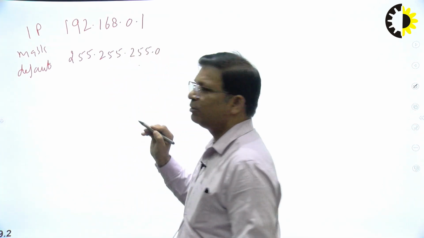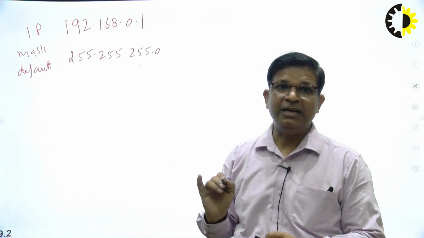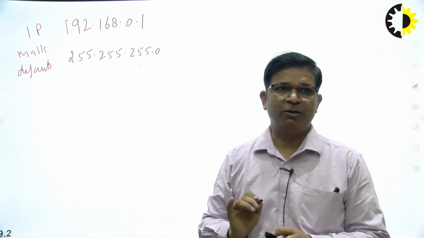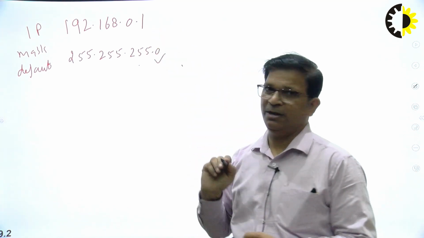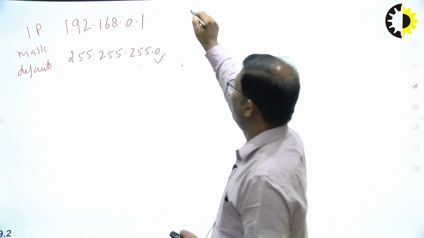So this belongs to class C IP address, because this is the default mask we have used along with this IP address. But what is classless?